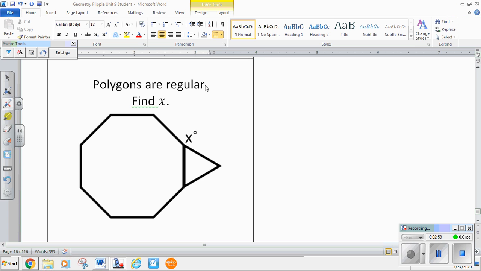Polygons are regular. Find x. Here, we have a circle of angles with one angle of an octagon, one angle of a triangle, and x. Let's find each angle.